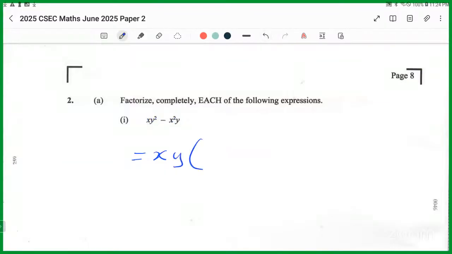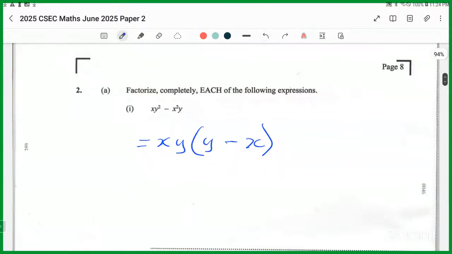So dividing xy out of this, we're going to be left with just y minus, dividing xy out of this, we're just going to be left with x. Double check it. This times this gives that. Yes, it does. And this times this gives that. Yes, it does. And this cannot be factorized any further. All right. That is it. xy factored out.